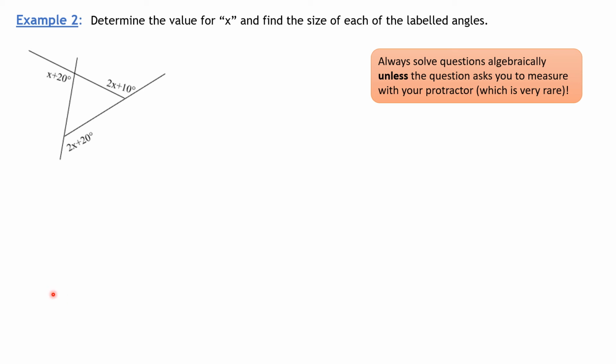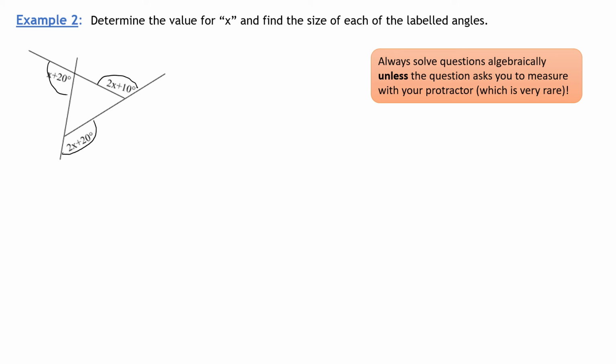We need to get a value of x. So take a look at that and think about it for a minute. These are all exterior angles that we have information for. What do you think? Hopefully you're thinking about the exterior angle theorem, which says that the 3 outer angles of a triangle or of a quadrilateral are going to give you 360 degrees.